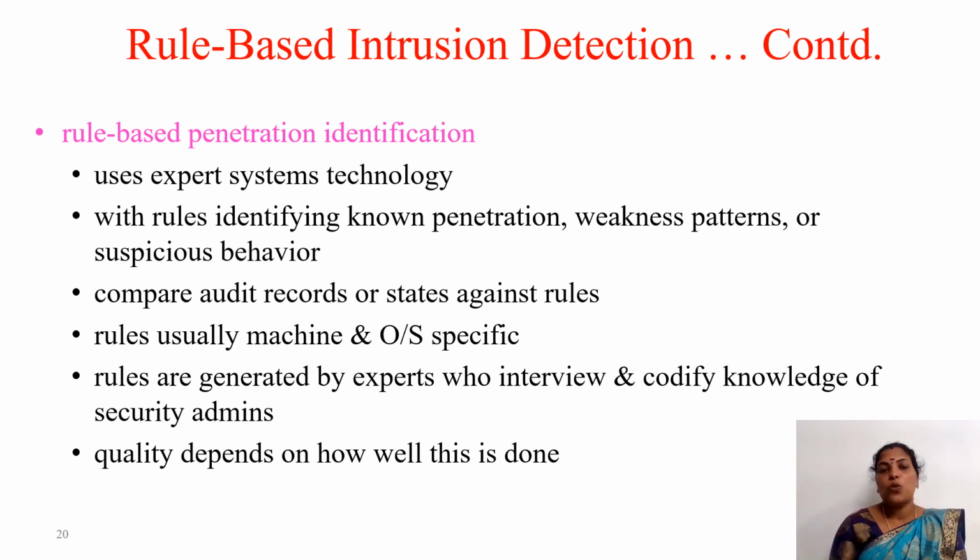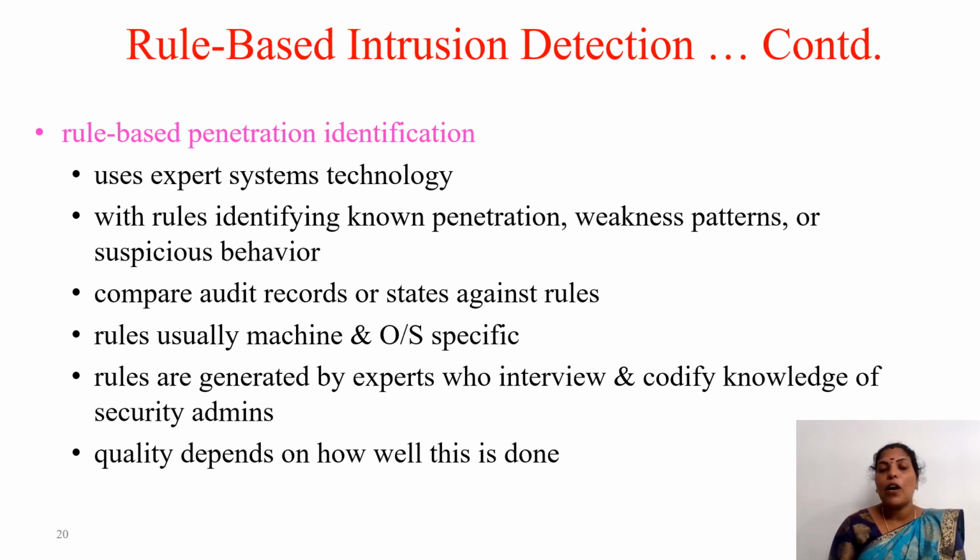And another thing is rule-based penetration identification. It uses expert systems technology, that is, with rules we are identifying known penetrations, weaknesses in the patterns, or the suspicious behavior of the network. Then we are comparing the audit records or states against the rules, because it is rule-based penetration identification, and these rules are usually generated using machine or operating system specific rules.